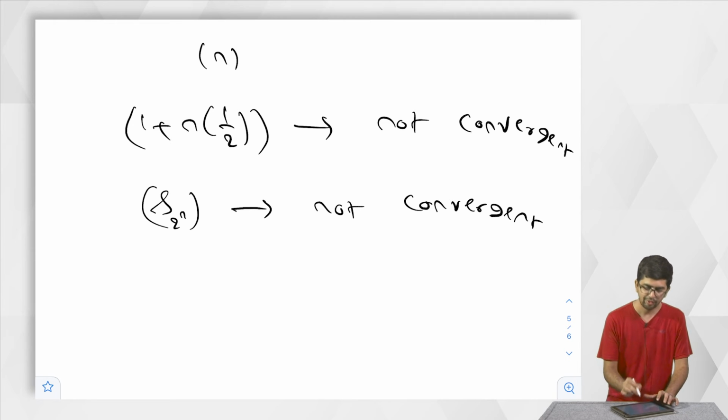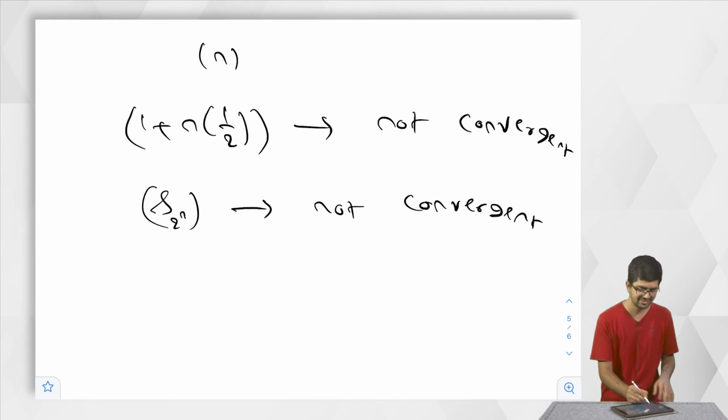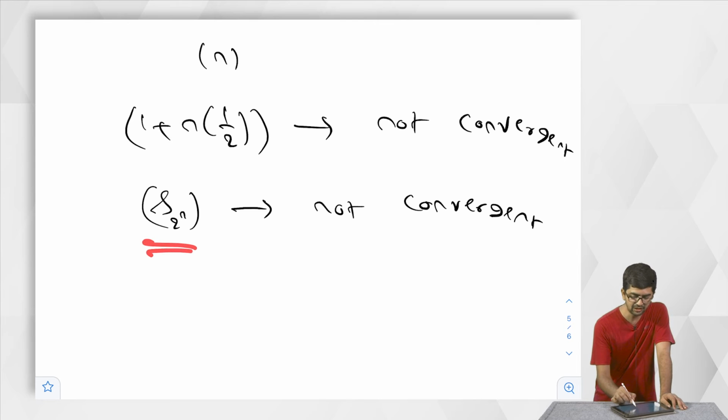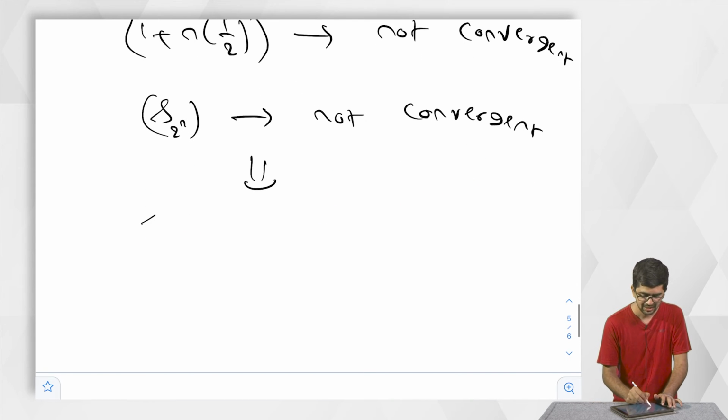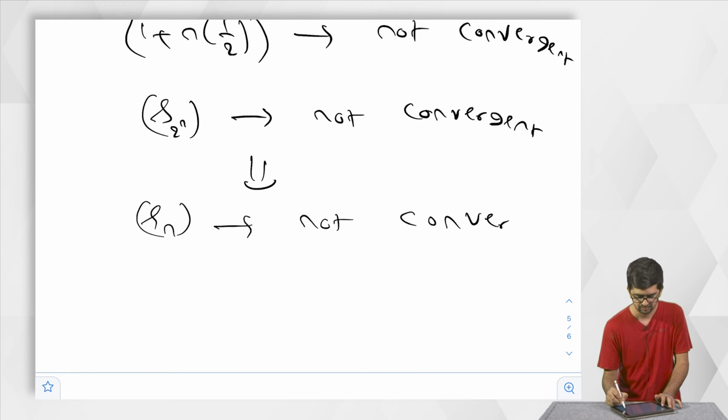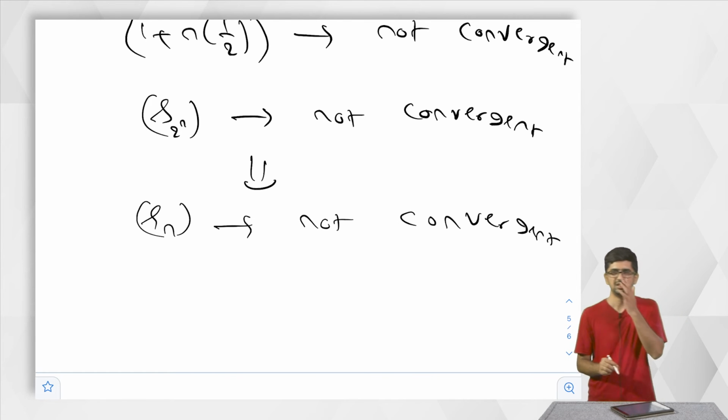Observe, we could not say anything really about the whole sequence Sn, but we can say that there is a subsequence of the sequence Sn which is not convergent. What does this say? This says Sn cannot be convergent, right?